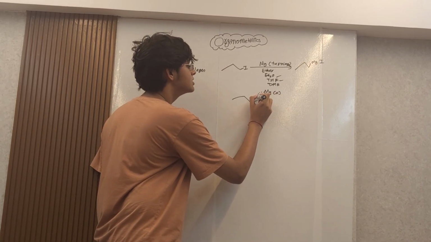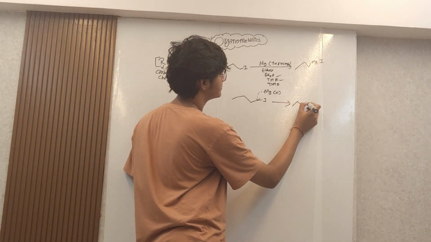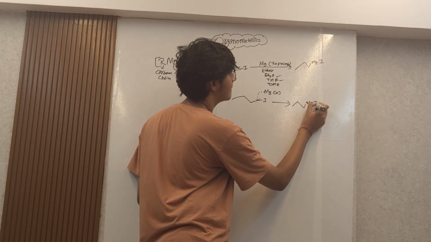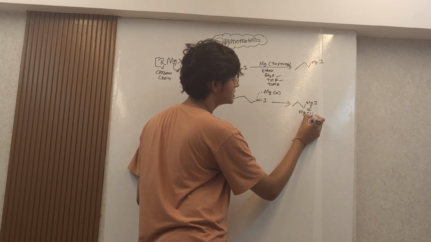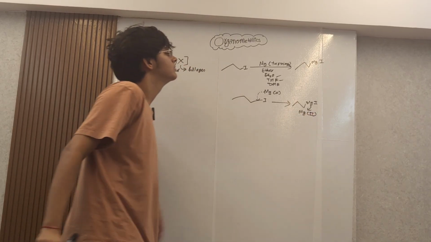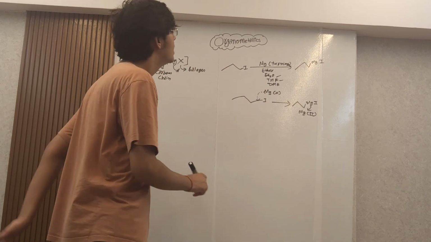This will insert itself between this and it will form this MgI. Here the magnesium's oxidation state is 2. So it went through an oxidation, so it is called an oxidative insertion.